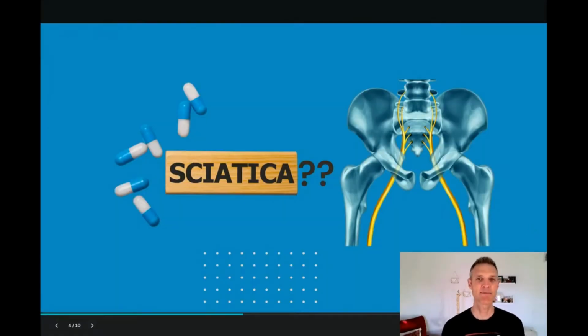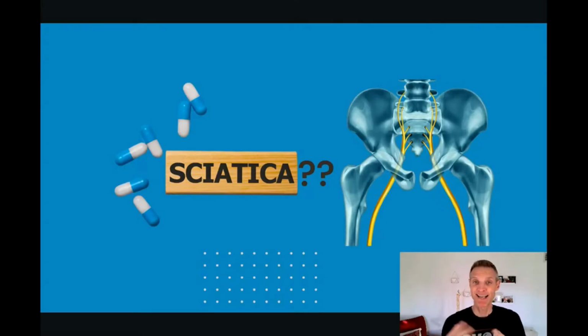Is this the same as sciatica? Well, sciatica is a specific type of radiculopathy. It affects the sciatic nerve, but radiculopathy can happen in other locations in the spine, in the neck going down the arm, or different parts of the low back going down the legs.